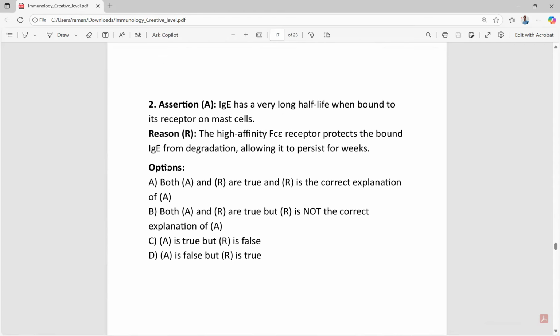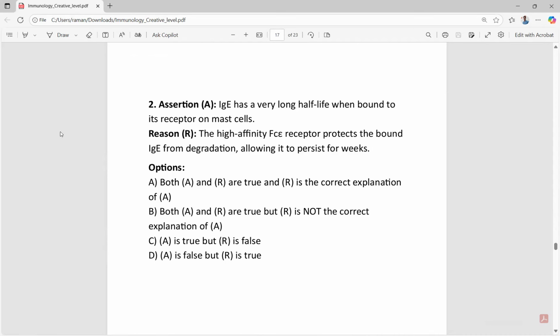Okay, let's go to question number 2 in assertion and reason. IgE has a very long half-life when bound to its receptor on mast cells. The high affinity Fc receptor protects the bound IgE from degradation, allowing it to persist for weeks.